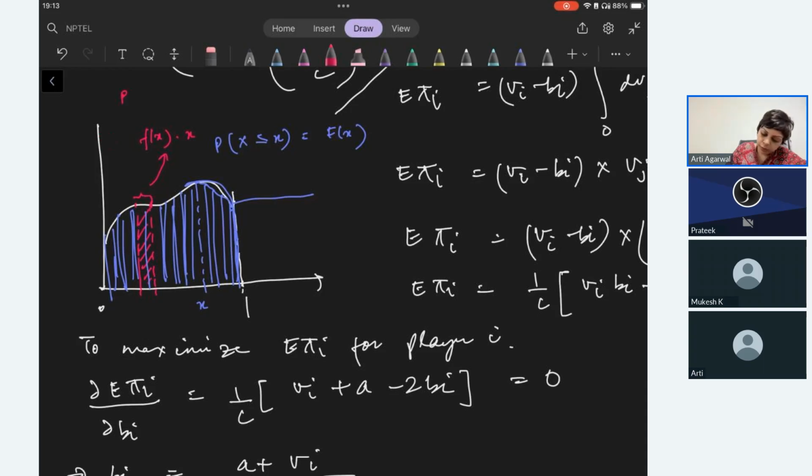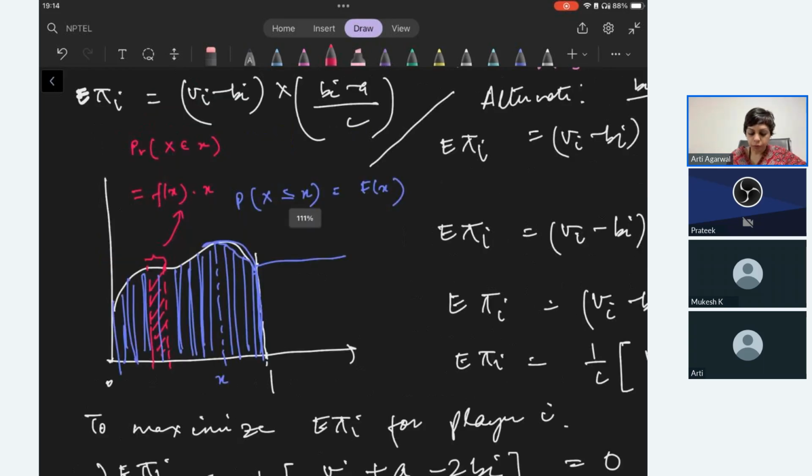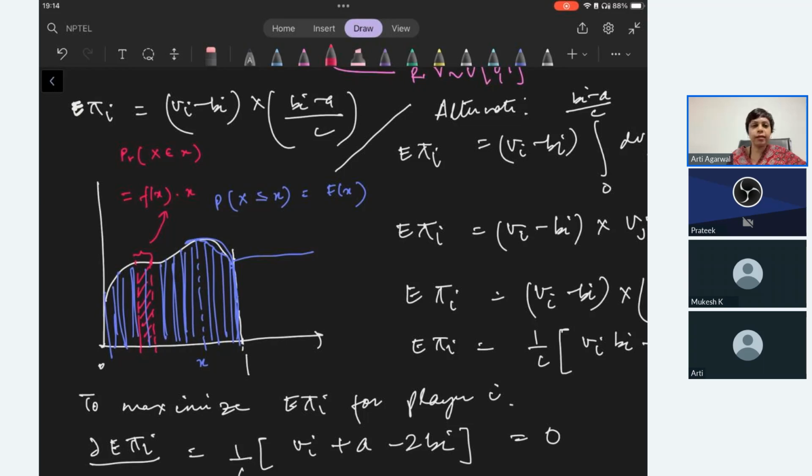Probability that x belongs to dx is equal to fx into dx, right? Now, if you want this dx to be even infinitesimally small, it is still fx into dx, right? That is how the probability is defined in this case. Now, imagine if this dx is 0, then what happens?